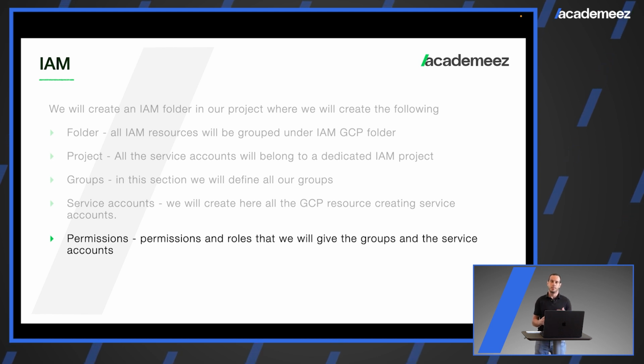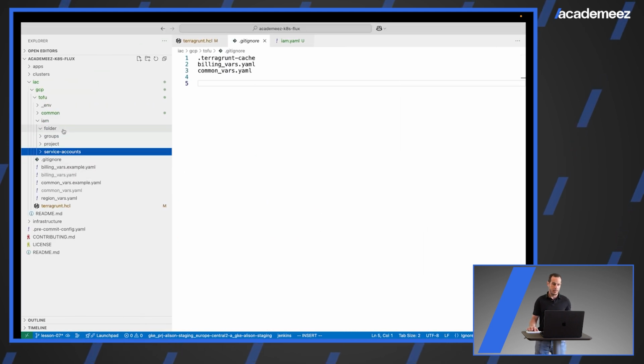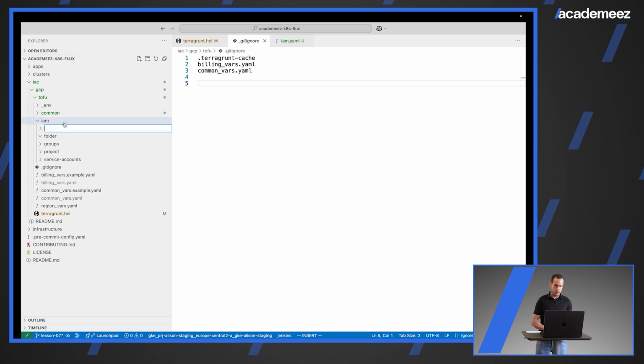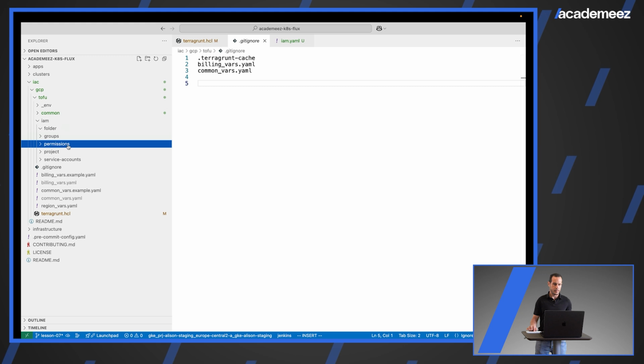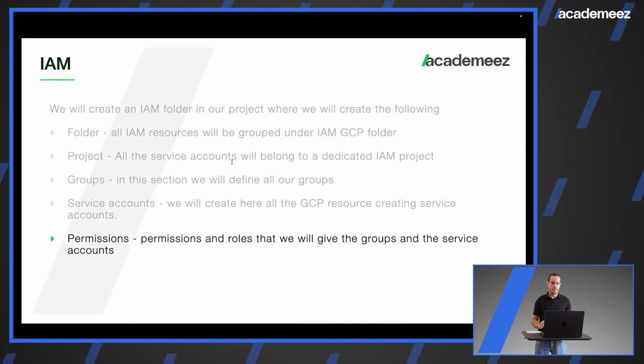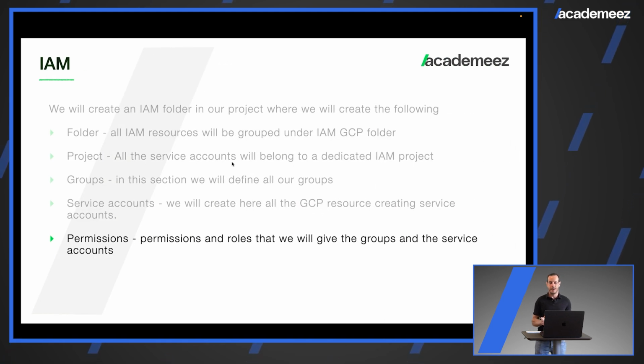So every permission and role that we assign to a group, and permissions and roles that we assign for our service accounts, we'll create another folder that is called permissions. So this will be the structure of our IAM section, which combines all our groups and cloud creation service accounts.